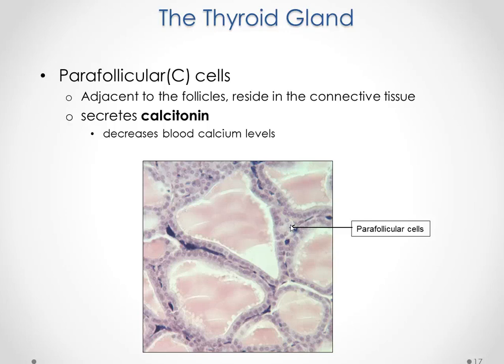If you look on table 1.4, table 1.4 lists out the different hormones that are produced in the thyroid and the parathyroid gland. Calcitonin got left off of this table, so I need you to add that to table 1.4. If you just write it at the very bottom of this table, that should be sufficient.